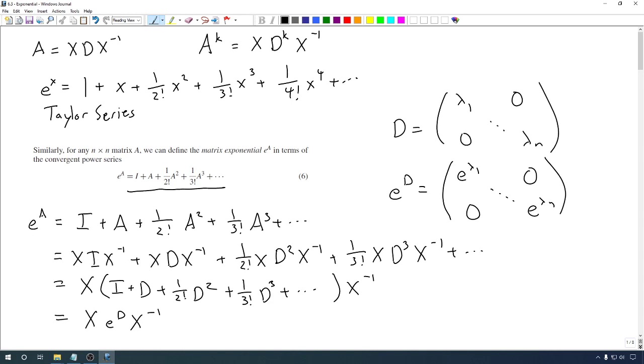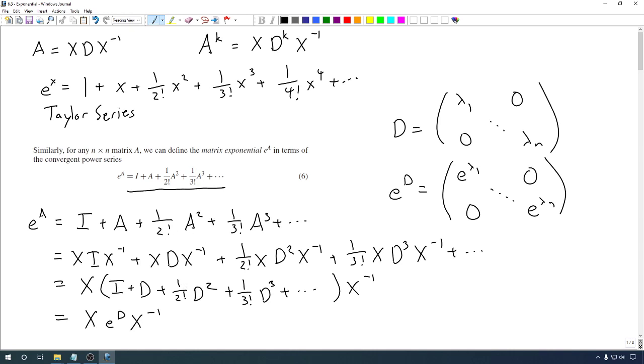So let's go ahead and do some examples of that. Now, I should note here before we move on that defective matrices can have an exponential. In fact, every matrix has an exponential. This series always converges for any matrix A, but it's just not as easy to calculate.